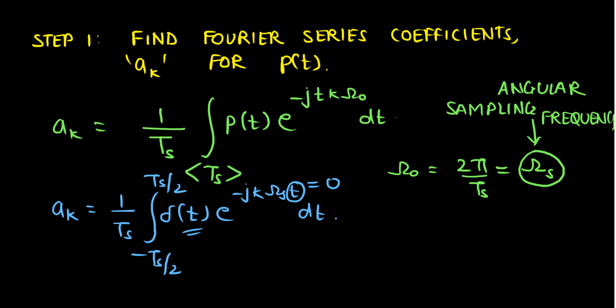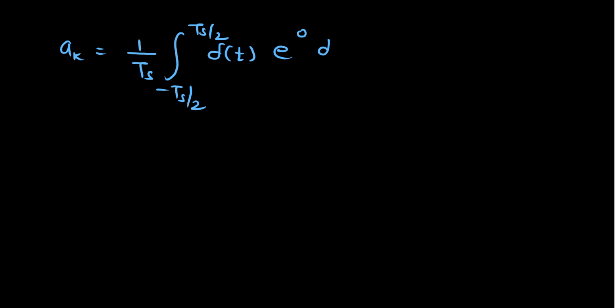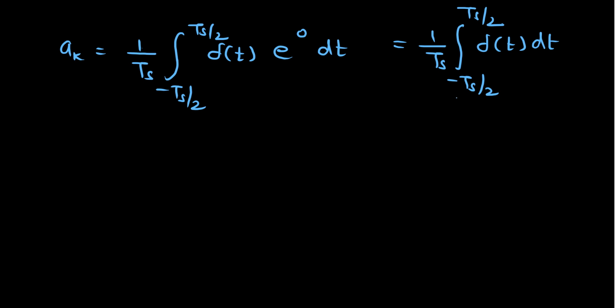So AK is equal to 1 by Ts integral from minus Ts by 2 to Ts by 2 del of t into e to the power 0 dt, which is 1 by Ts integral of del of t dt, and this integral results in 1 because the area under the curve for del of t is equal to 1.